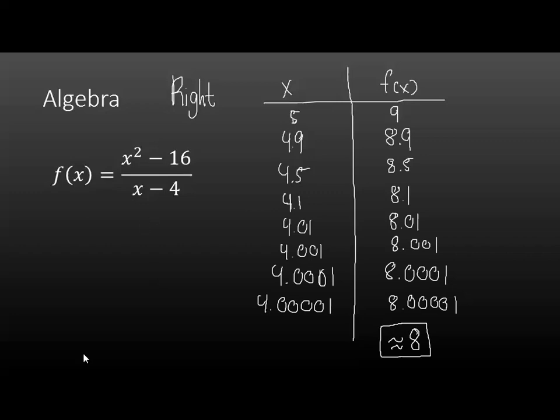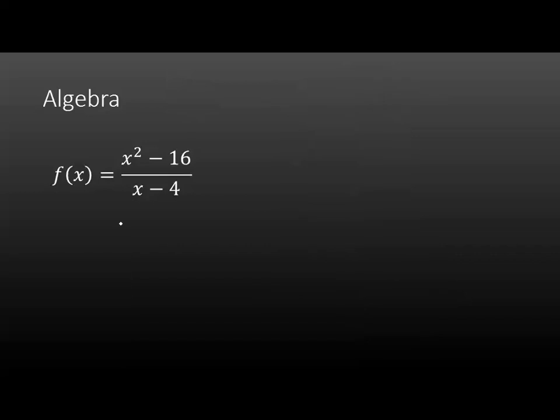What can we say? On the left side, it's approaching 8. On the right side, it is also approaching 8. So that means if we substitute numbers that are very close to 4, the result would be approximately 8.